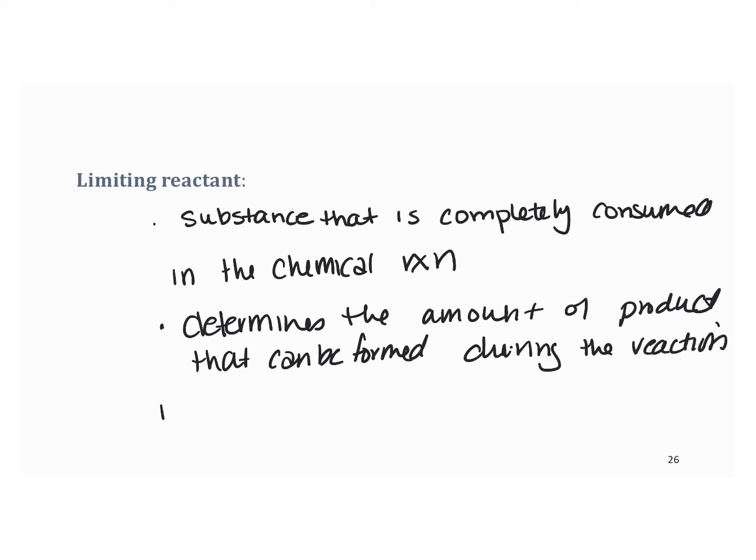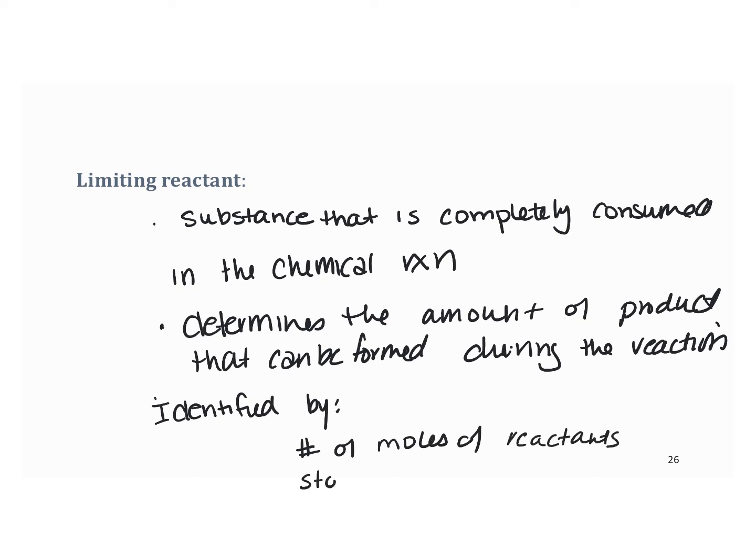Okay, it is identified by the number of moles of reactants, as well as the stoichiometry of the balanced equation. So these are some ways that we can identify this.